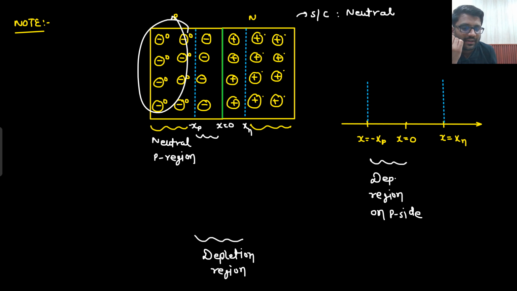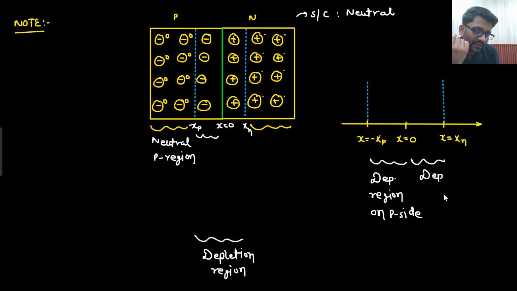Because this particular part is neutral, this part is negatively charged, and this part is positively charged. This negative charge and positive charge cancel each other. So can I call this part, only the naming, nothing else, the depletion region on N side? Say yes or no. So this part I will call the neutral N region.